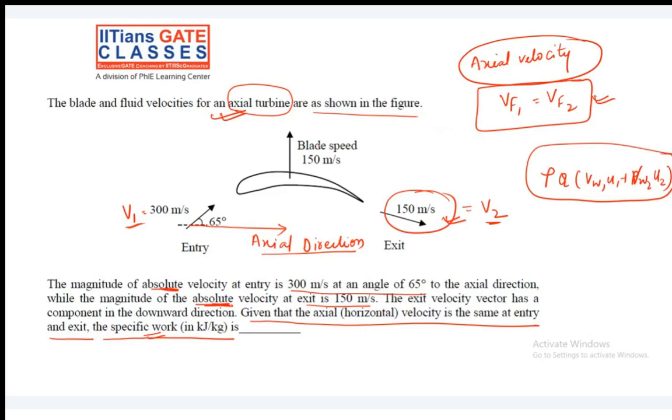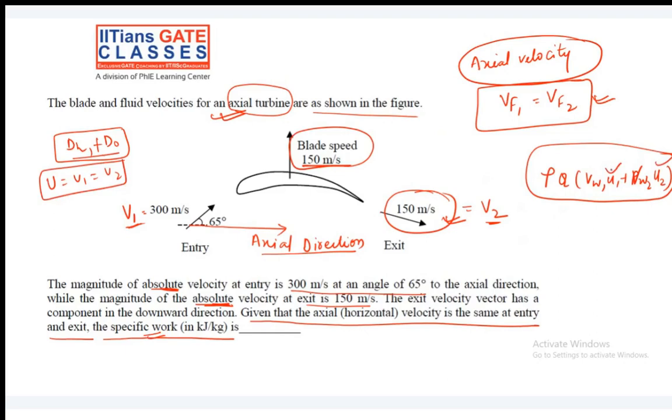And it has mentioned that the blade speed is 150 meter per second. So it must be mentioning the average velocity. We have hub diameter and outer diameter, so the average of these two was used to calculate u. If you remember, I told that u1 is equal to u2, right? So now u is done.